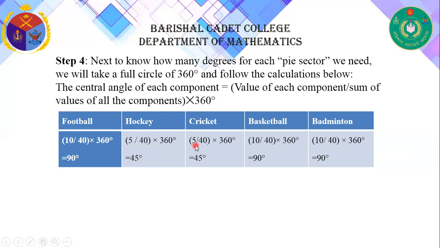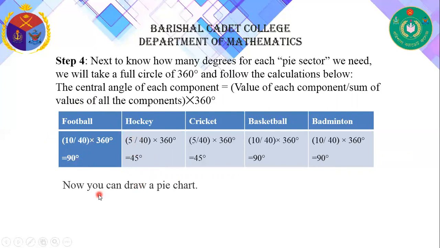And similarly, 5 divided by 40 into 360, 45 degrees. 10 divided by 40 into 360 degrees equals 90 degrees. And for badminton, 10 divided by 40 into 360 degrees equals 90 degrees. So for every game, we get the respective degrees, how many degrees they get for every sector.